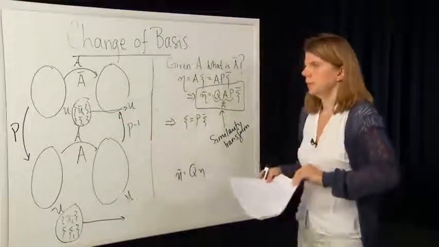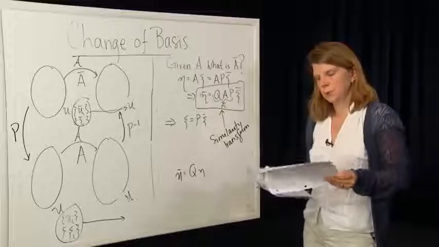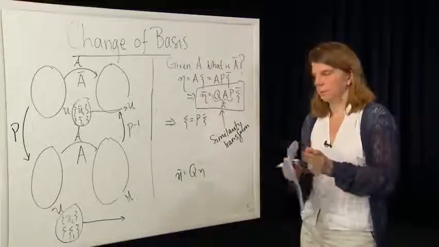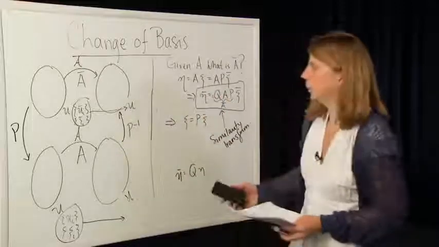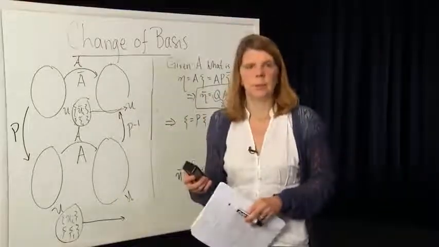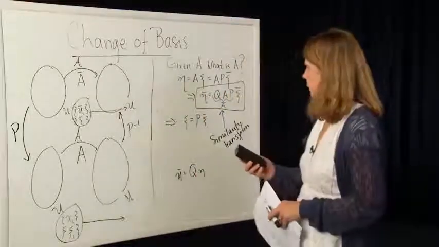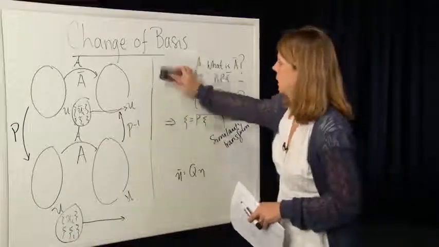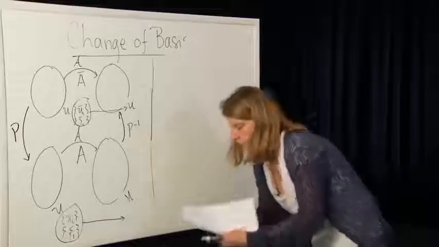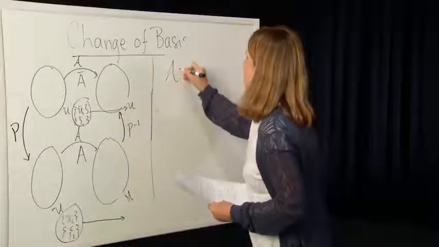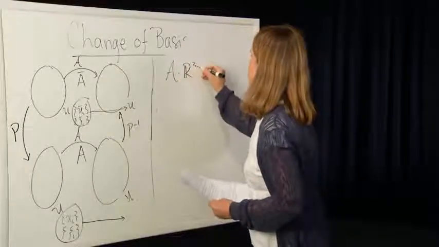So to conclude today's module, let's do a fairly simple example. We'll think about a linear map which maps R3 to R3. So let's keep that diagram there, and let's draw the example. So A maps R3 to R3.